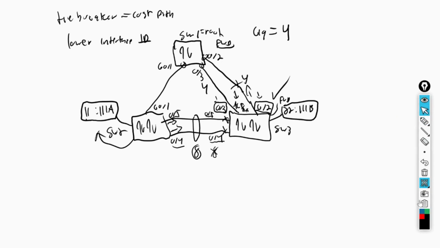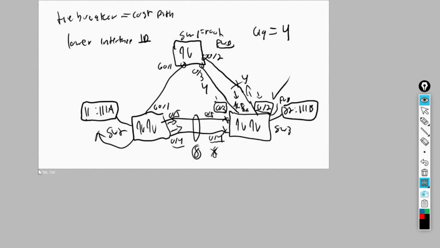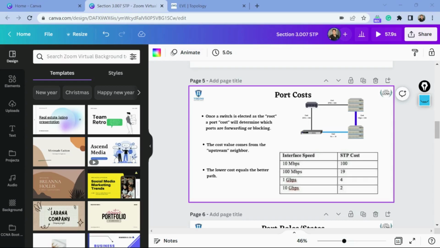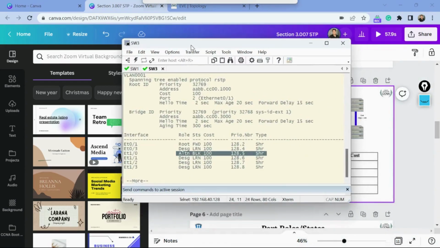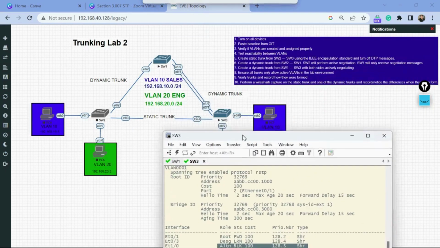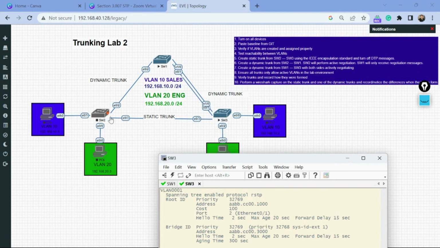So I'm going to take a screen capture of this so we still have it, and then I'm going to get rid of this. So I'm going to bring into view a topology here that I spun up. And we have the same topology that we just went over on our whiteboard. So we have ETH01 and ETH10 to switch 1, which is our root bridge.